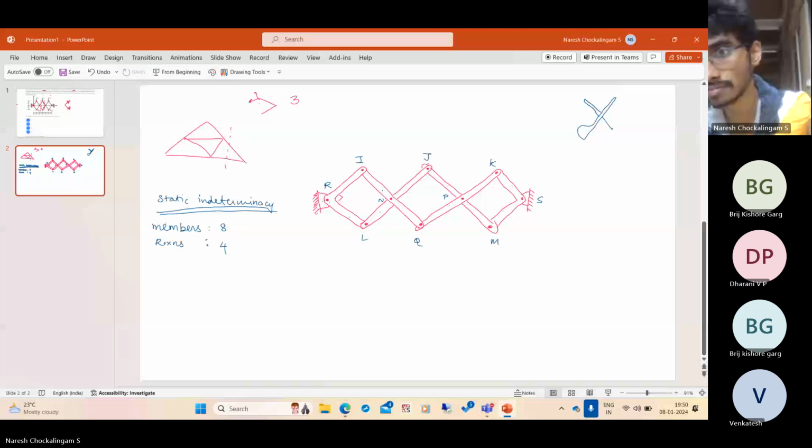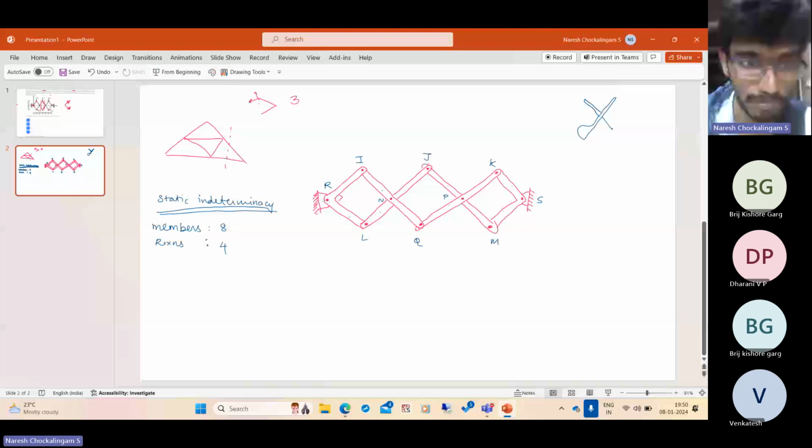So those matter for finding the static indeterminacy. From the pins, you have two pins. Now, what does it contribute to the unknowns? So 8 into 3, you have 24 unknowns in the members. And reactions, how many do we have?